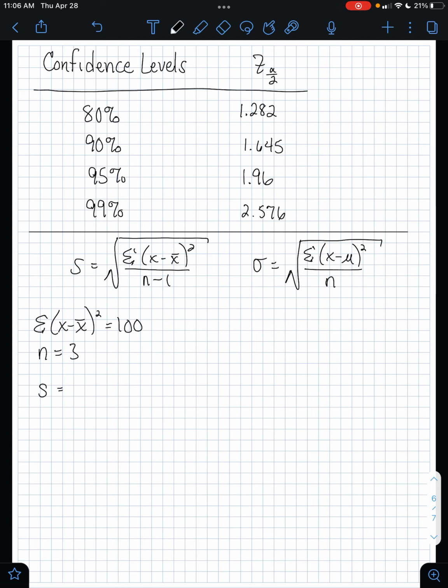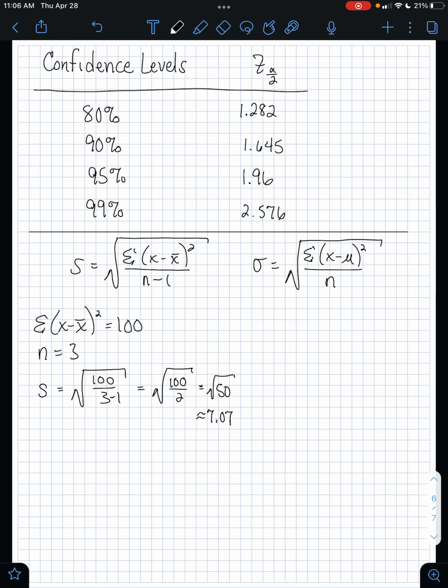In this case, S would be equal to the square root of 100 over 3 minus 1, or the square root of 100 over 2, which is the square root of 50. And the square root of 50 is just going to be a hair bigger than 7, 7.07.